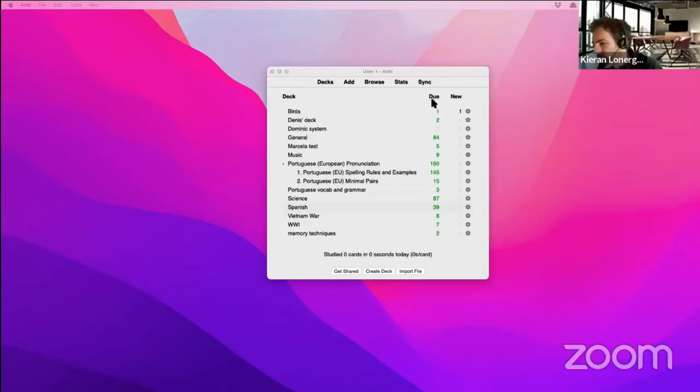Here you can see the flashcards that are due. These are the flashcards that I need to review today. And in this column, you can see the new flashcards that I need to review today. So if I made some flashcards today, then they would appear in this column.